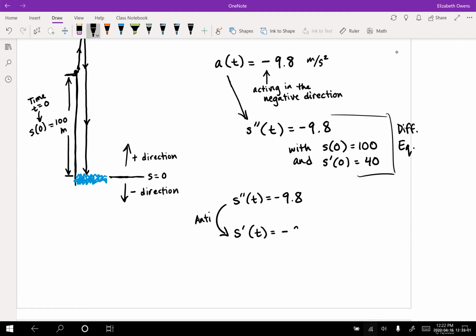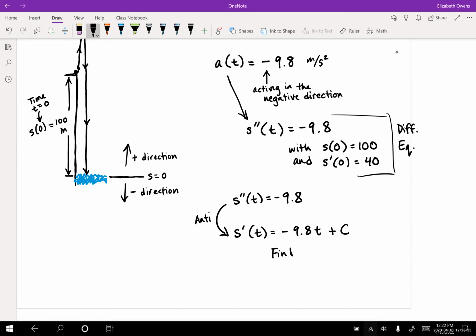And yeah, negative 9.8 t plus c. Hey, good use of the t there as well, Felipe. Keeping it in the variable that we want to use here, using t instead of x. I appreciate that. And then, yeah, we're going to use v of 0 equals 40 to find that constant.